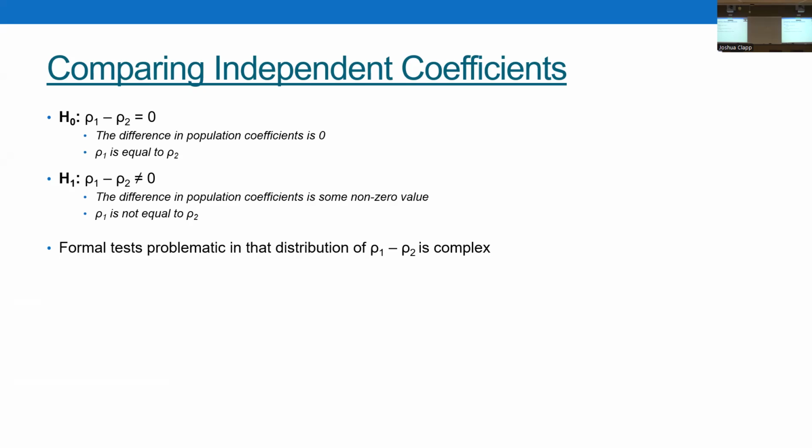Who am I talking about? Who's a population that I'm interested in? Oh, graduate students. Okay, here's the correlation between X and Y in graduate students. Okay, and then here is the correlation between X and Y in undergraduates.